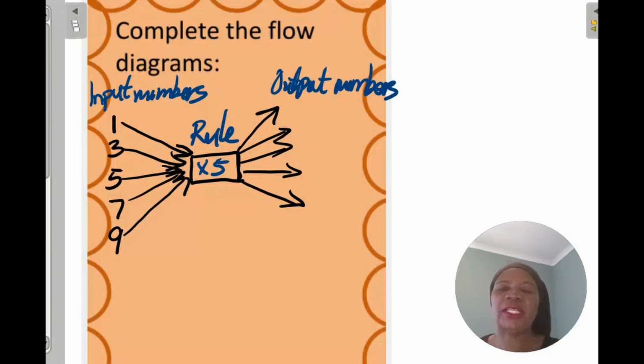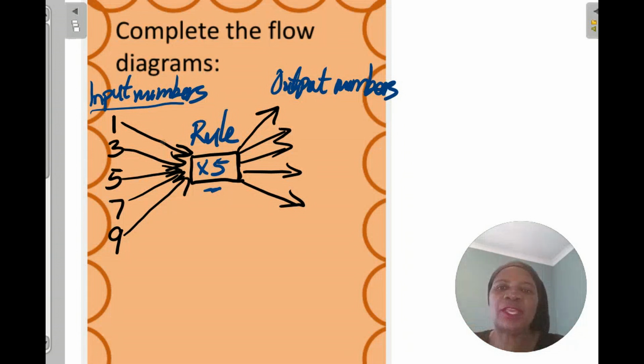Let's see here. We have the input numbers, and the rule in the middle, which is multiplied by 5. So we are taking each of the input values and processing it with the rule, then we'll see what the output values will be.